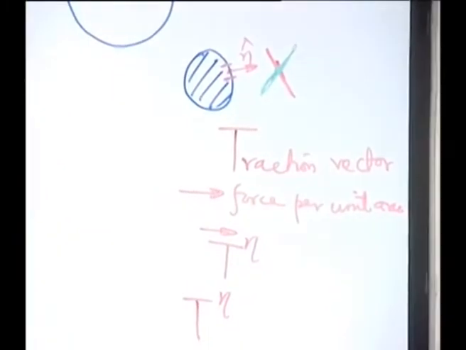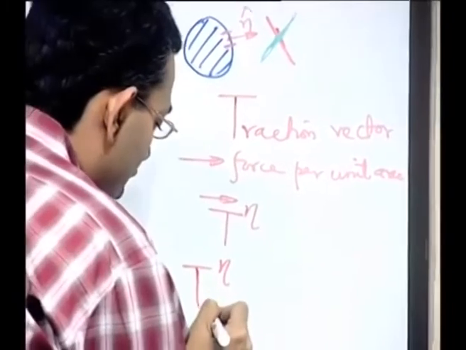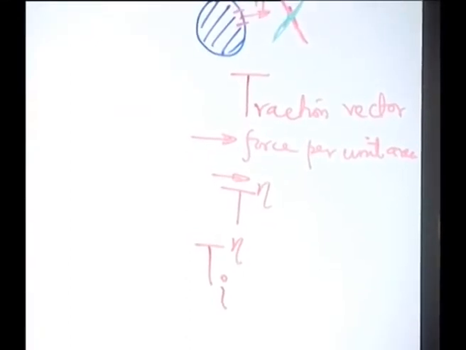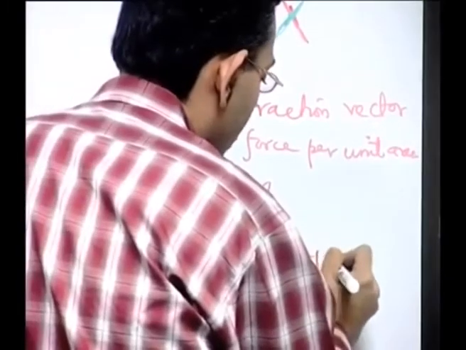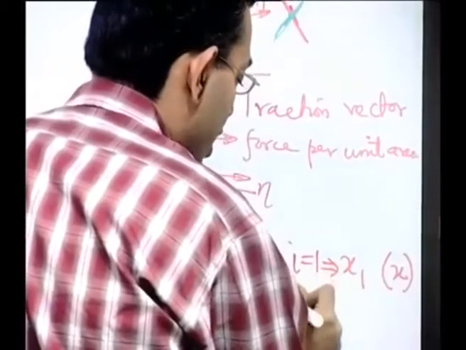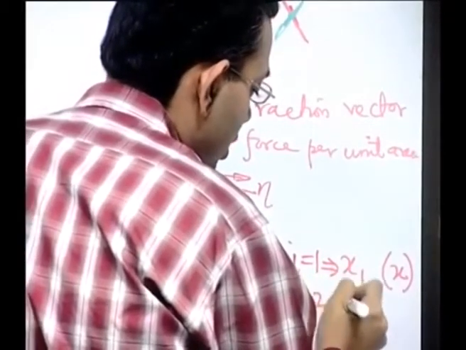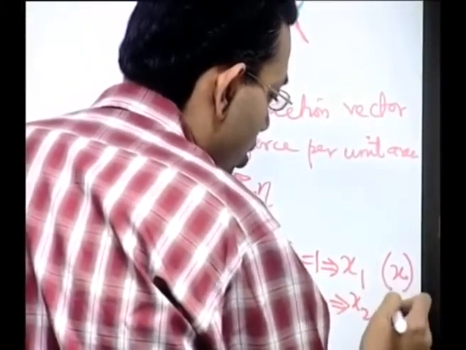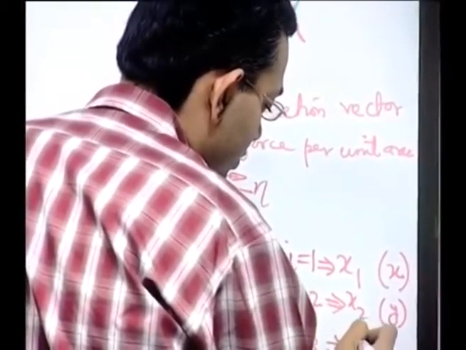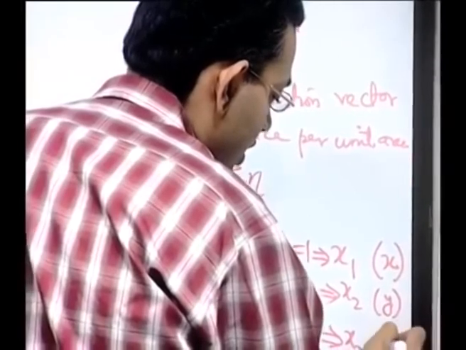Any component can be represented by an index i, where i equal to 1 implies x1 or x, i equal to 2 implies x2 or y, i equal to 3 implies x3 or z.